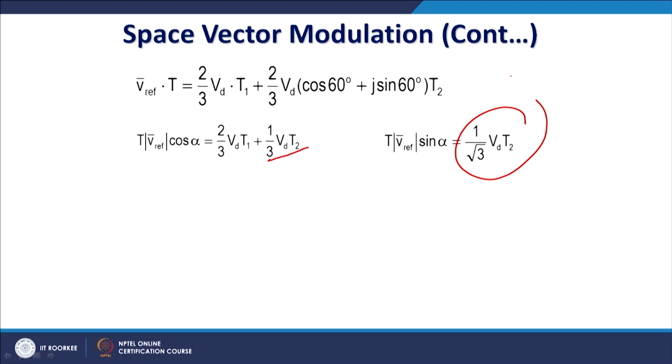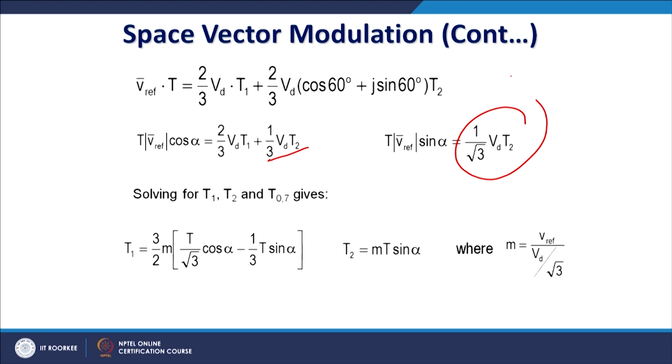Now we can equate, and thus we can calculate straight away T1 equal to 2/3, where M is effectively the modulation index of the system, that is Vref by Vd by root 3. Generally in the case of sine triangle PWM, we call them Vc, V control by V triangle.